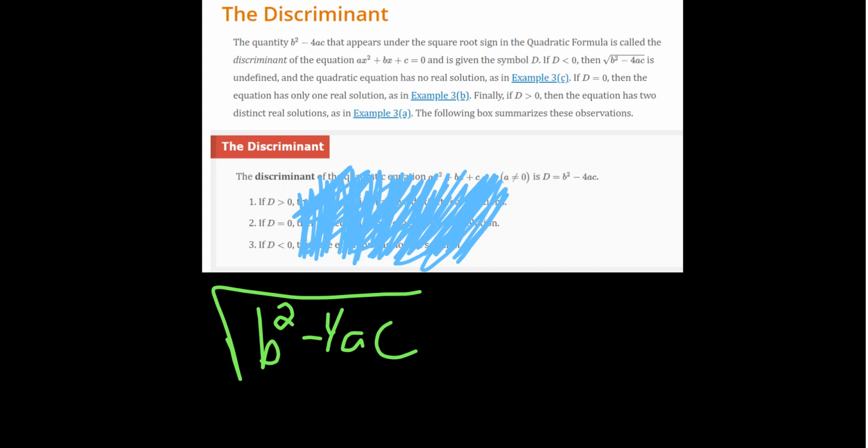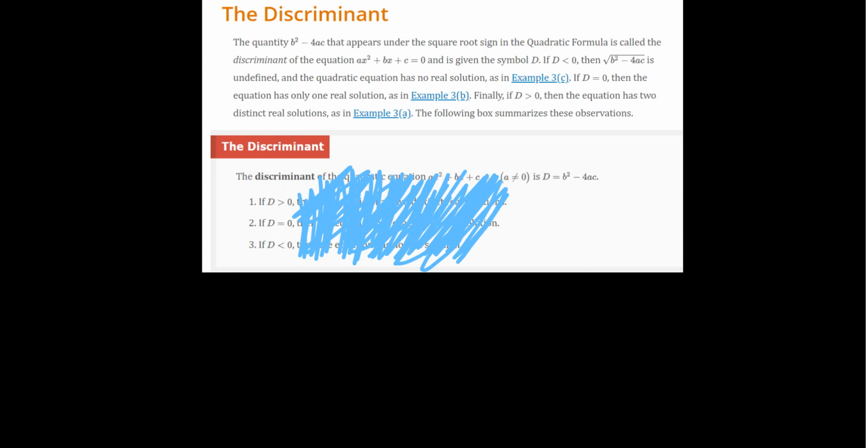If b squared minus 4ac were greater than 0, then it would come out to be some number, correct? So we would have negative b plus or minus the square root of some number. Doesn't matter, but it's going to equal some number. We'll call it m, and then of course it's all over 2a.